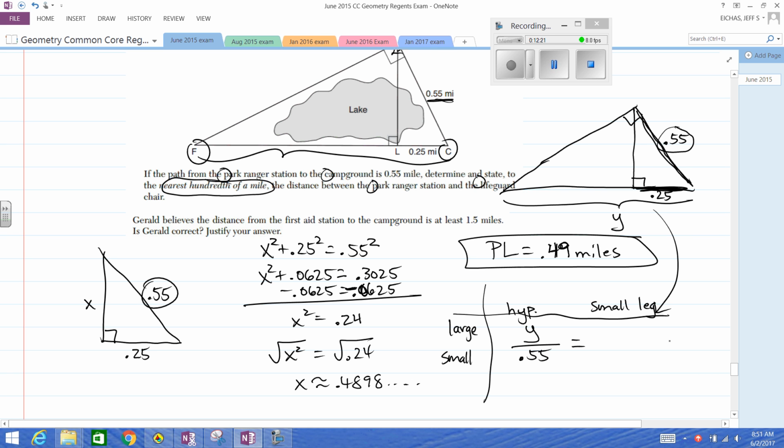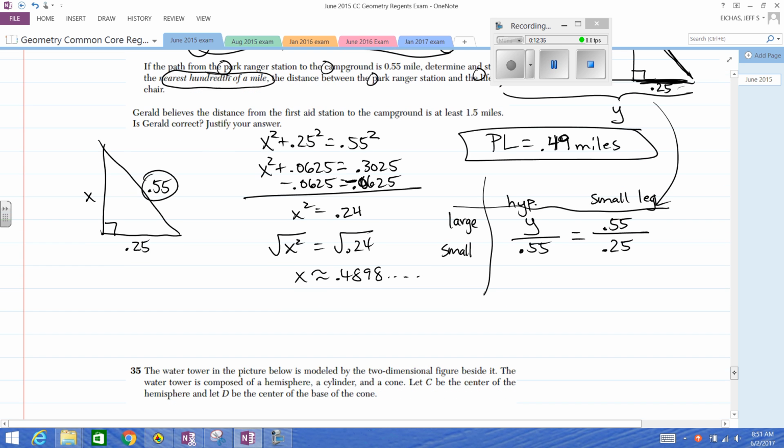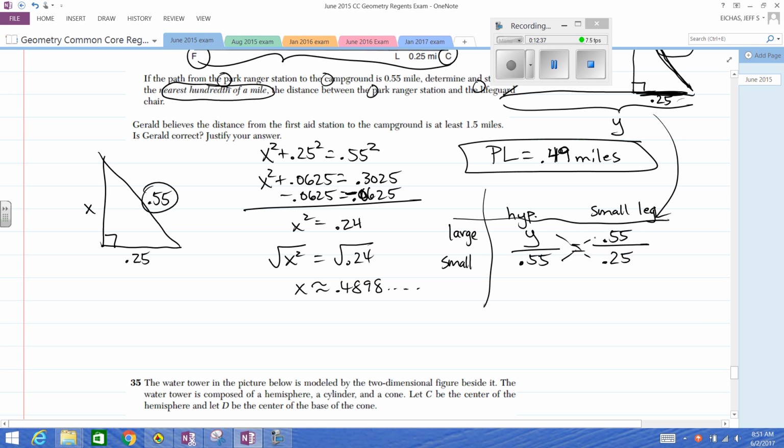Let's go over to the small leg, but large on top. On the large triangle, the smaller leg is 0.55, and on the smaller triangle, 0.25 is the smaller leg. So these are corresponding sides. We want to cross multiply now. So it's 0.25y equals 0.55 times 0.55.